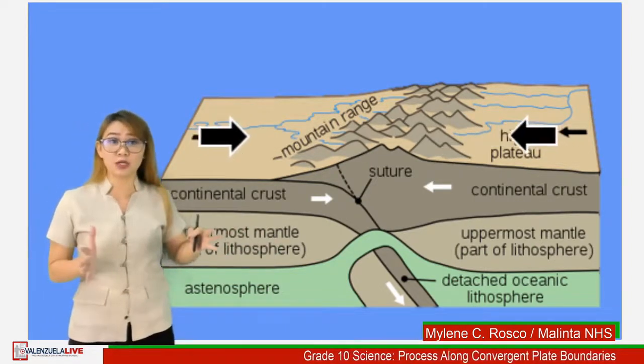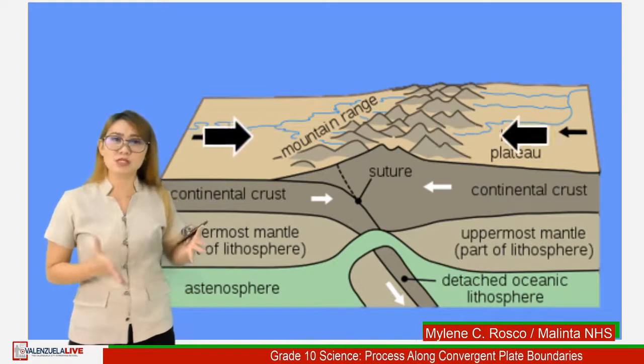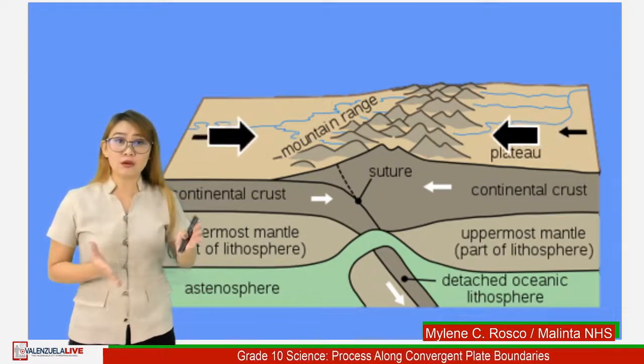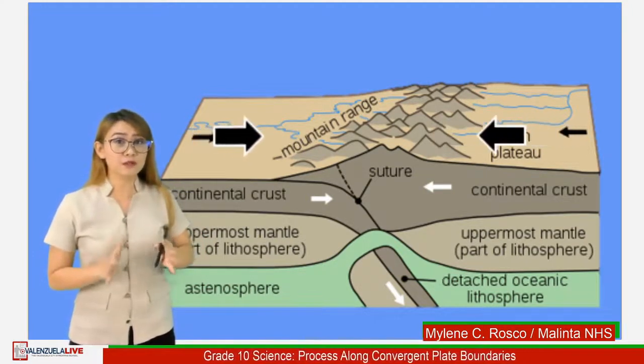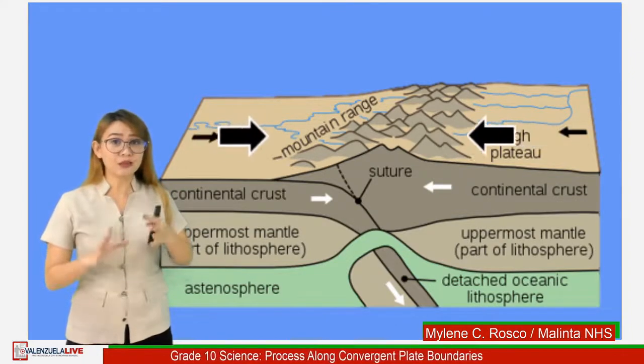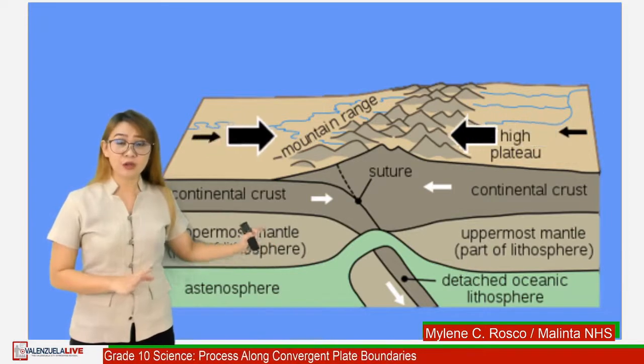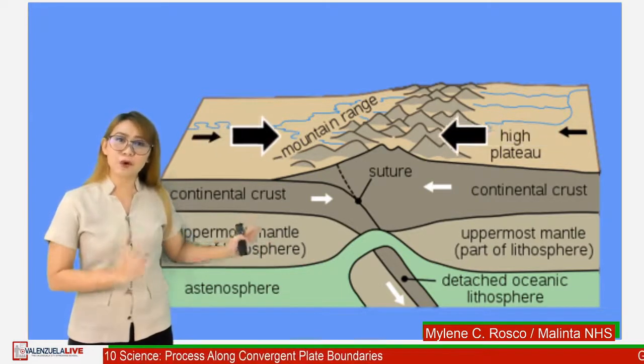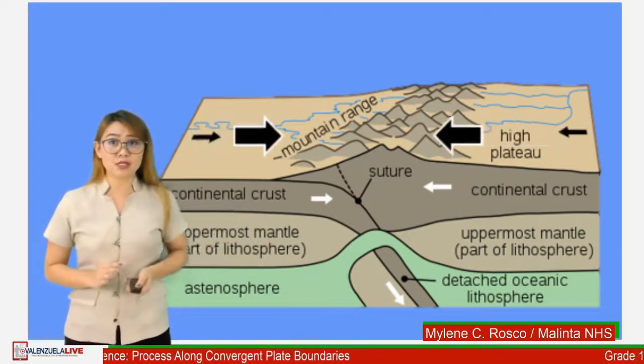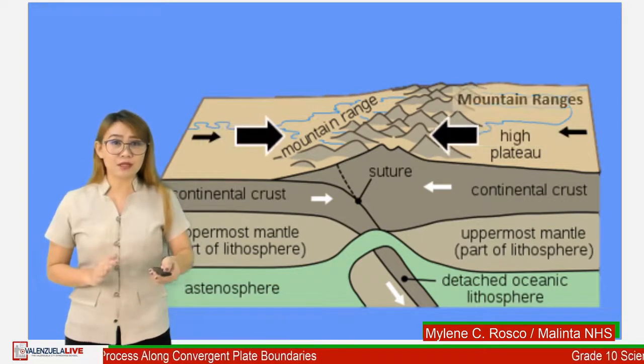So subduction ceases. When we say subduction ceases, there will be no volcano, there will be no volcanic eruption, there will be no formation of trench on this type of collision of plates. Now, what is formed here are mountain ranges. So what are mountain ranges?